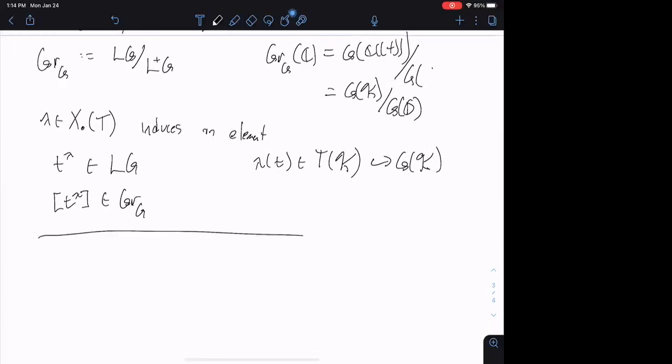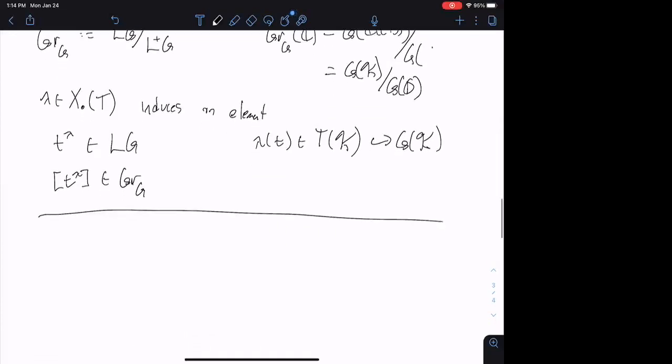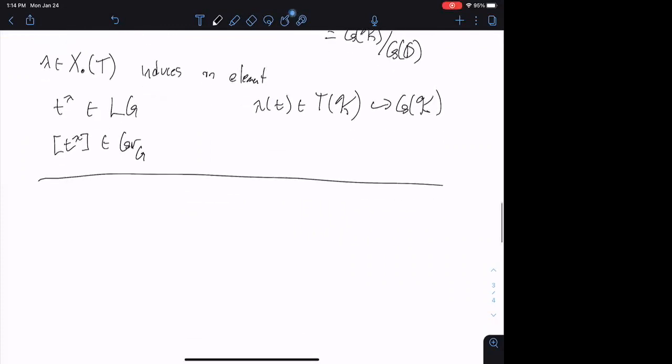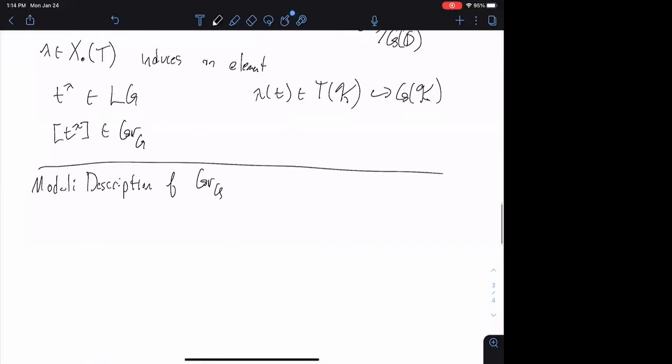I should mention it's very important for some of the proofs, but probably not so important for the talk, that there's a moduli description of the affine Grassmannian, namely the R points of the affine Grassmannian can be described as tuples of F, a G-torsor, and beta, a trivialization.